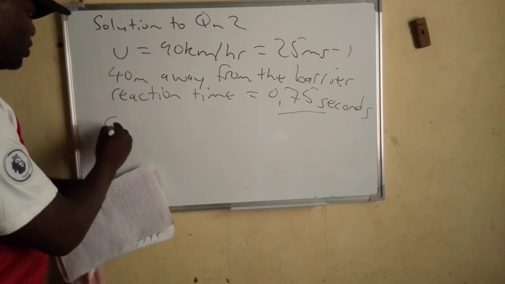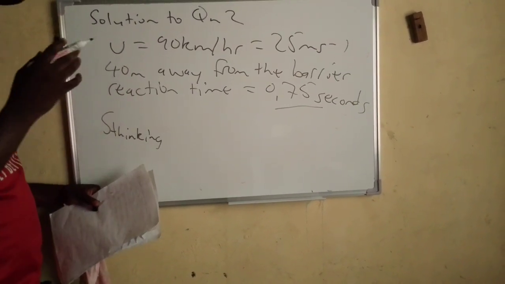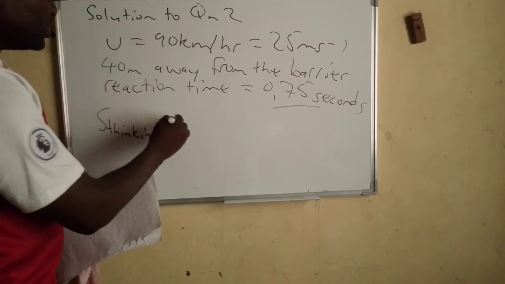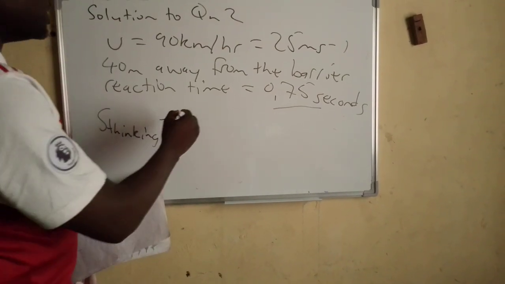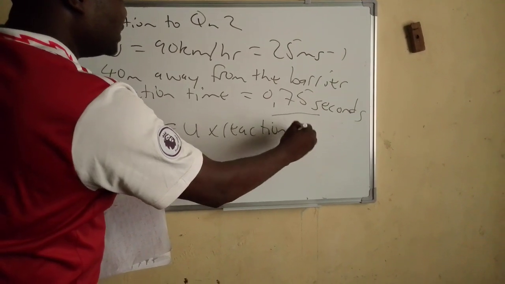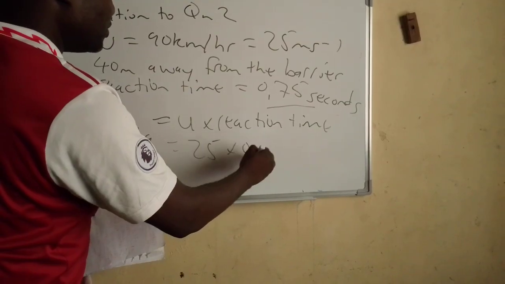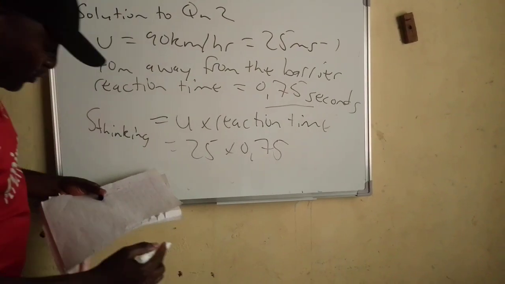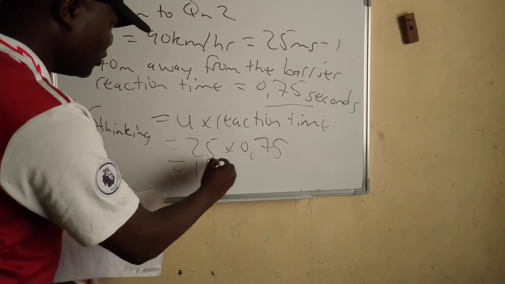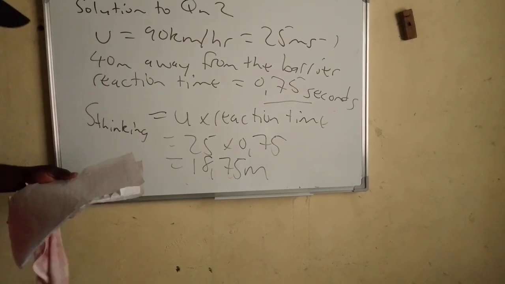So for what is called the thinking distance, the distance over which the driver is deciding to apply brakes, the thinking distance is initial speed times reaction time, which is 25 times 0.75, which is going to be 18.75 meters. This is called the thinking distance.